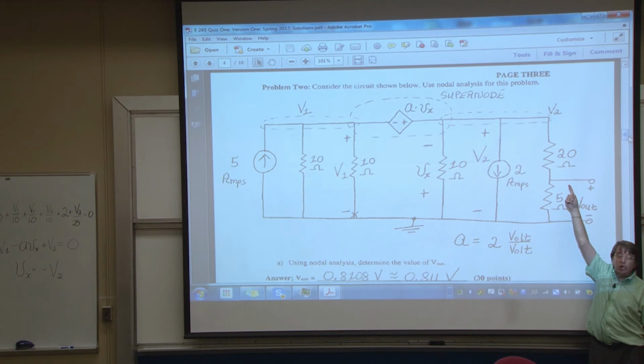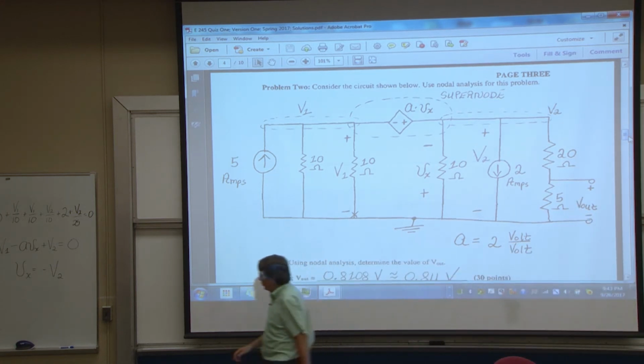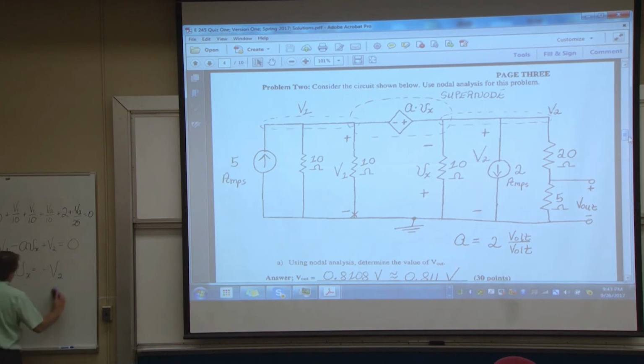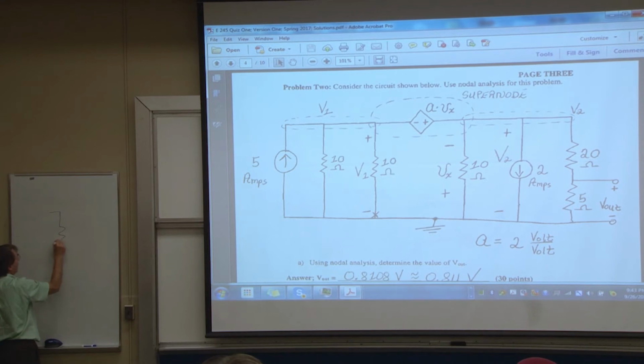If I know V2, what I have, and let me draw it over here so you'll see it. From here to here is V2.